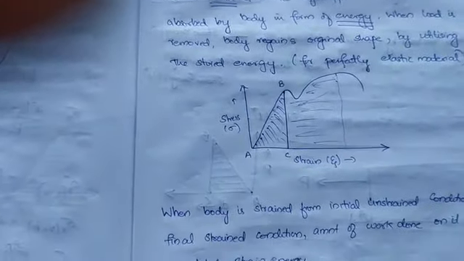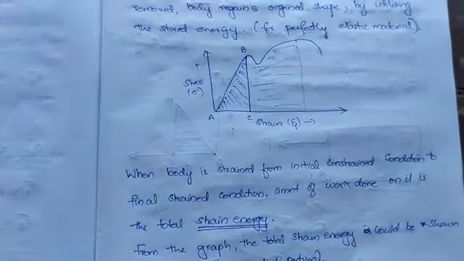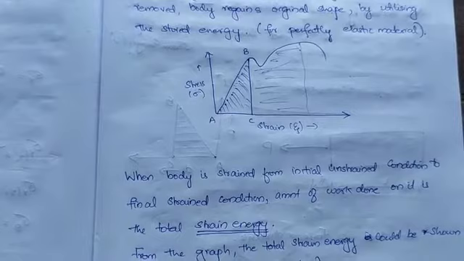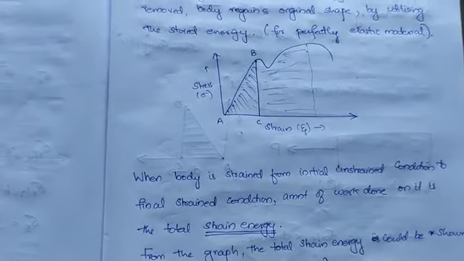By definition, when a body is strained from the initial unstrained condition to the final strained condition, the amount of work done on it is the total strain energy.